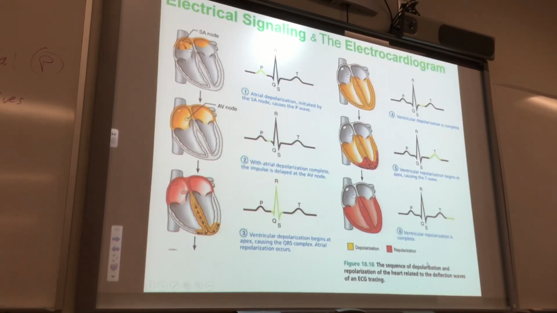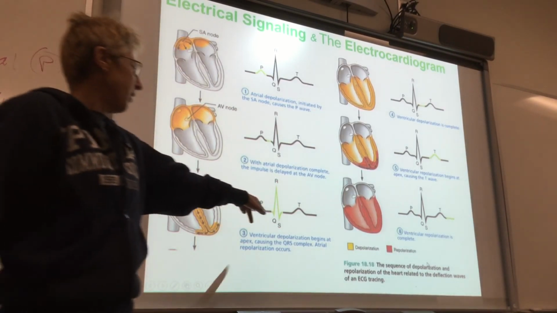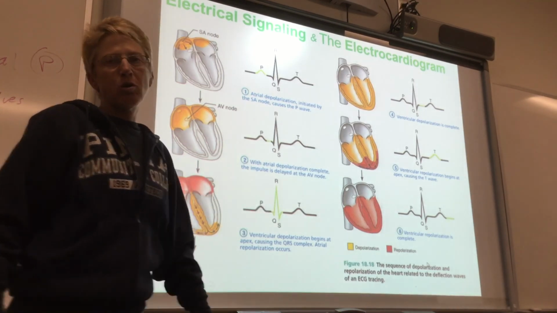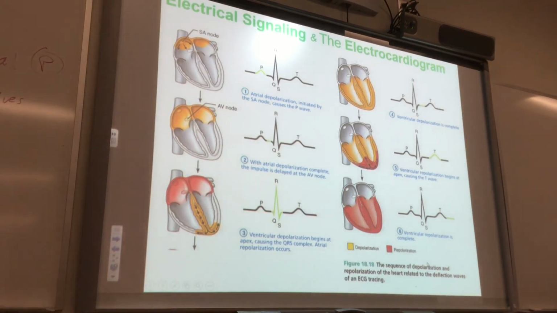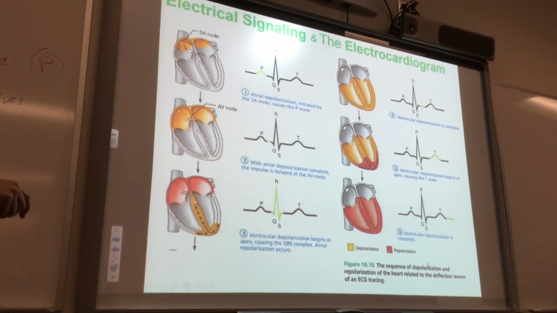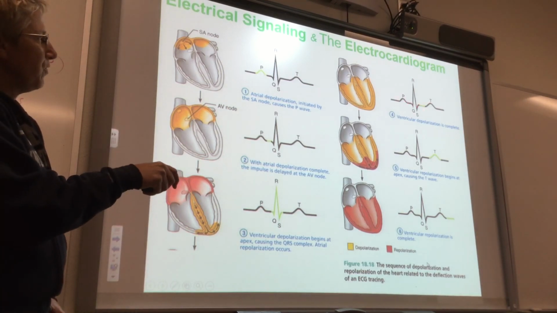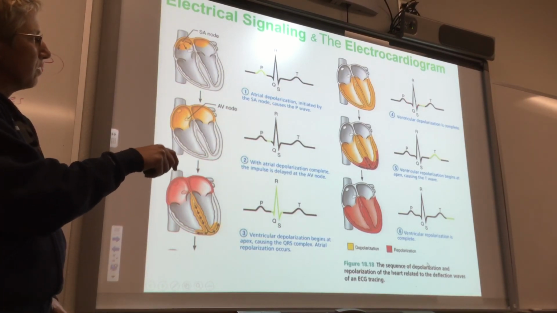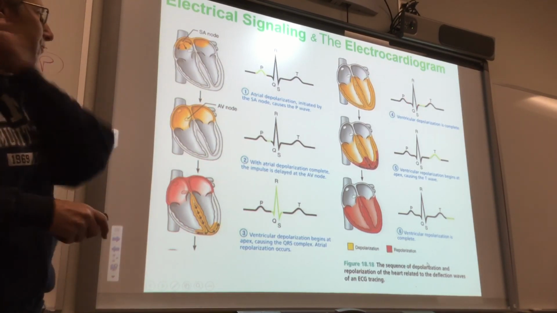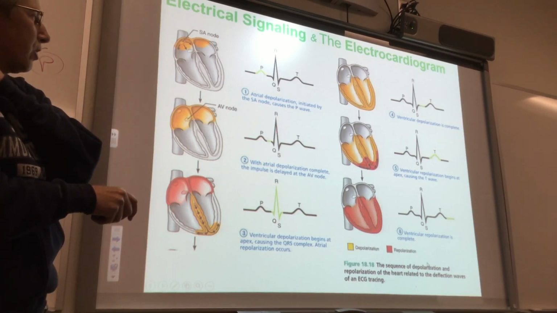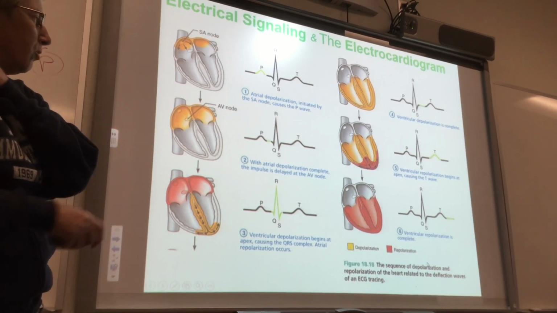It's hidden. It's masked by the larger QRS complex. And then during the QRS, ventricular depolarization begins. And then in this little segment, ventricular depolarization is complete, so orange is throughout the whole ventricle. And then you start ventricular repolarization and go back to the beginning.